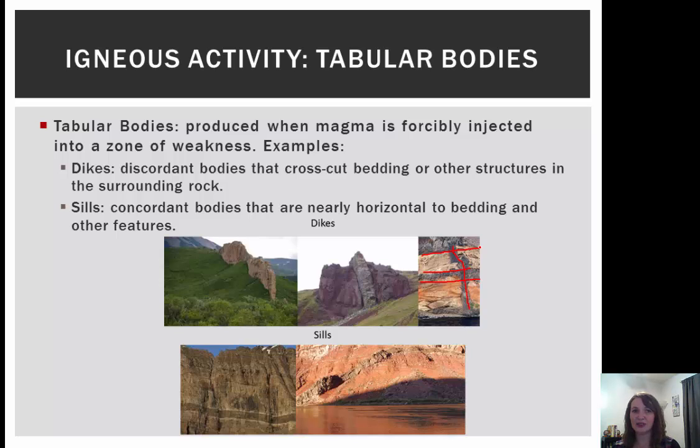Next, we have sills, which are concordant bodies that are nearly horizontal to bedding or other features. If you look down here, even though it goes up, this is a sill. It's not cutting across, so if we had our bedding layers like this, another arm just right in here would be an example of a sill.